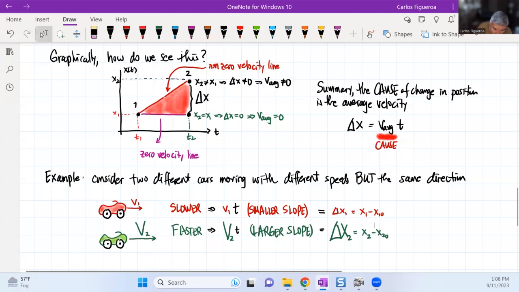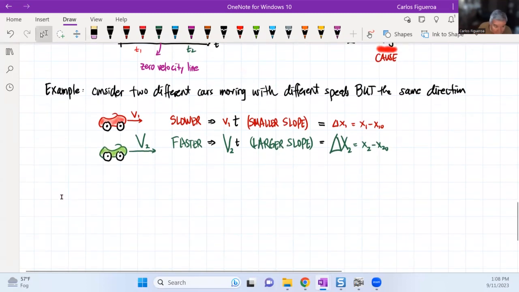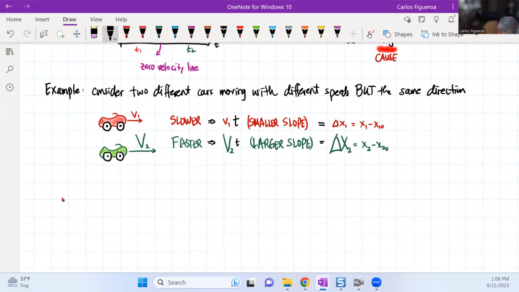So now, here we go. What we're seeing here is that the slope tells us how fast a car is moving. So if you have a slower car, that means it has a less steep line.